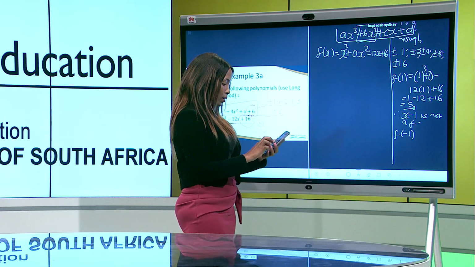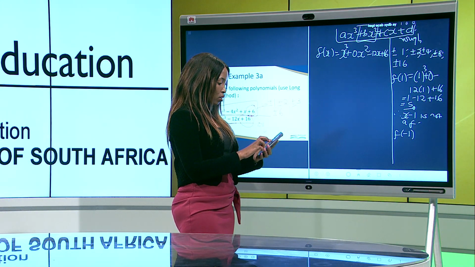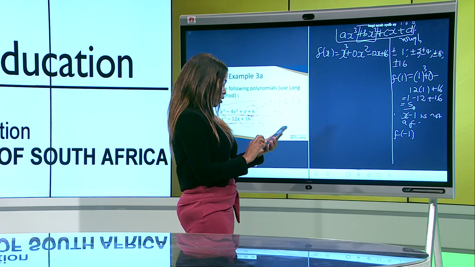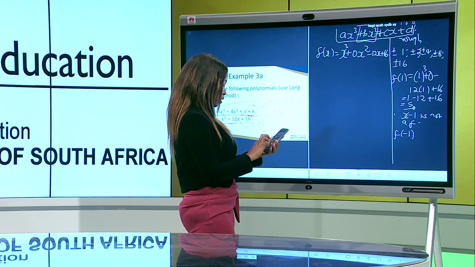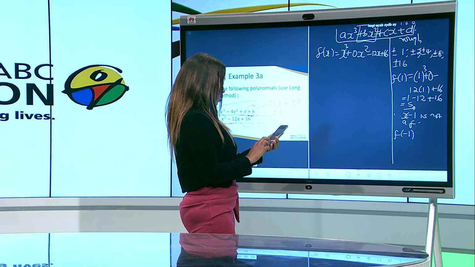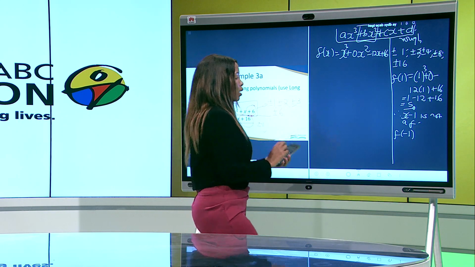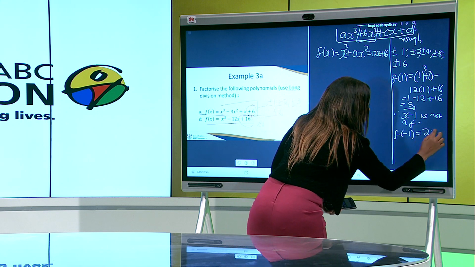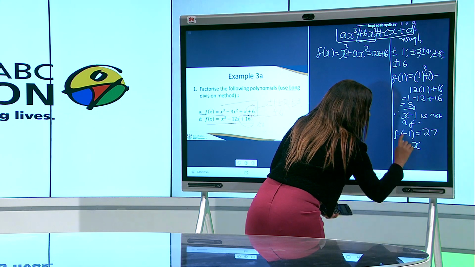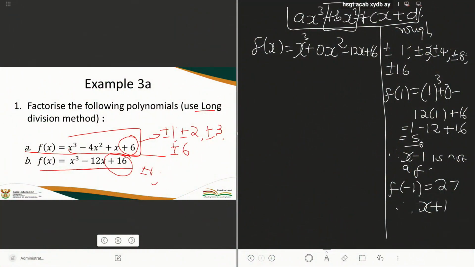Negative 1 cubed. Avoid making mistakes, please. Minus 12 into negative 1 plus 16. So your answer is positive 27. It means still x plus 1 is not a factor. Correct.